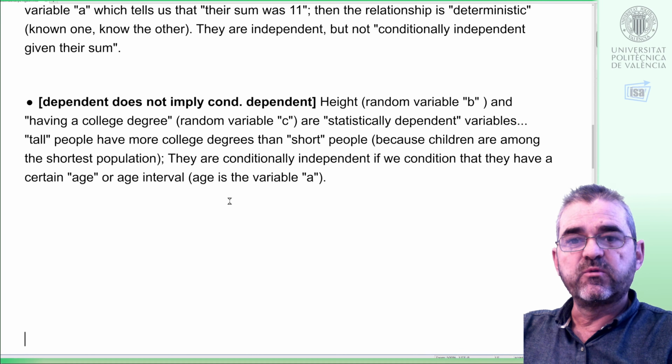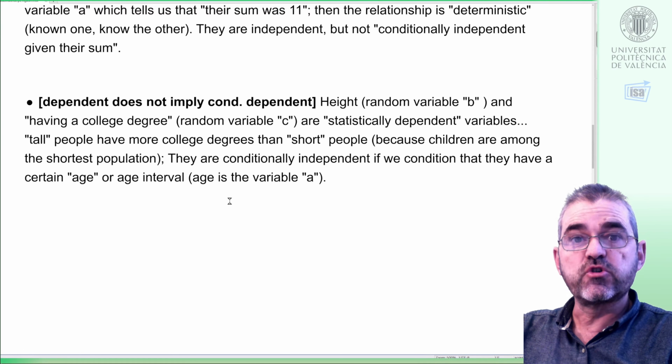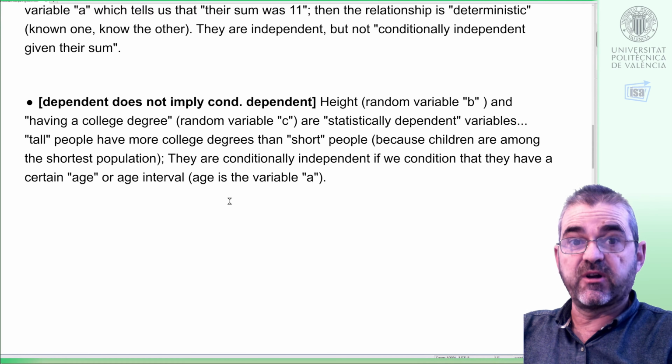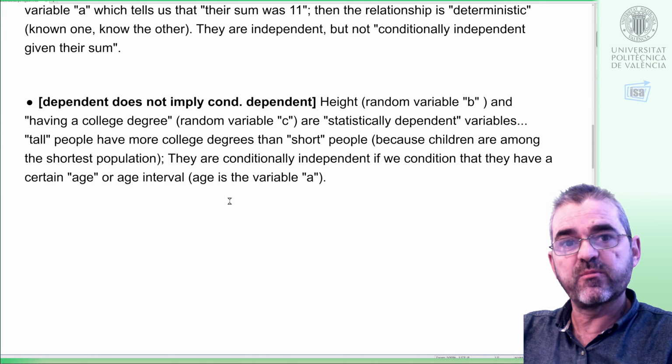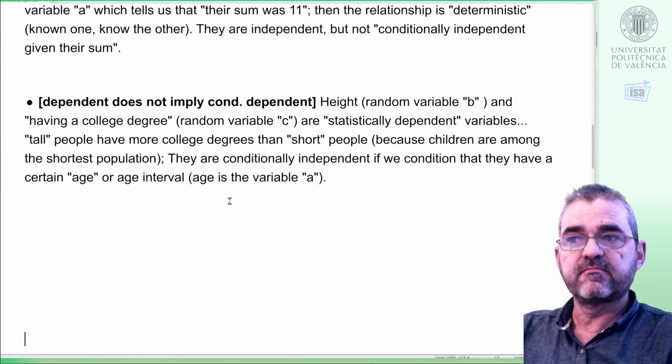Tall people who are over 30 have the same likelihood of being a lawyer as short people, as long as those short people are also chosen from the segment of the population that is over 30.